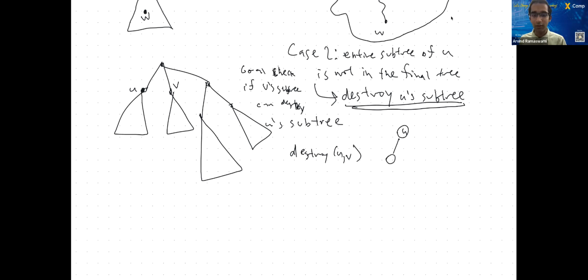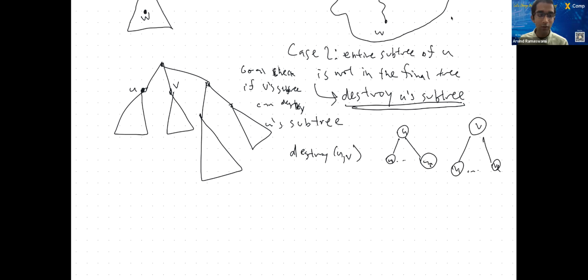And then let's say U has children U1 through UK, and V has children V1 through VL. Then you want to destroy all of U's children. So you're going to iterate over candidates.